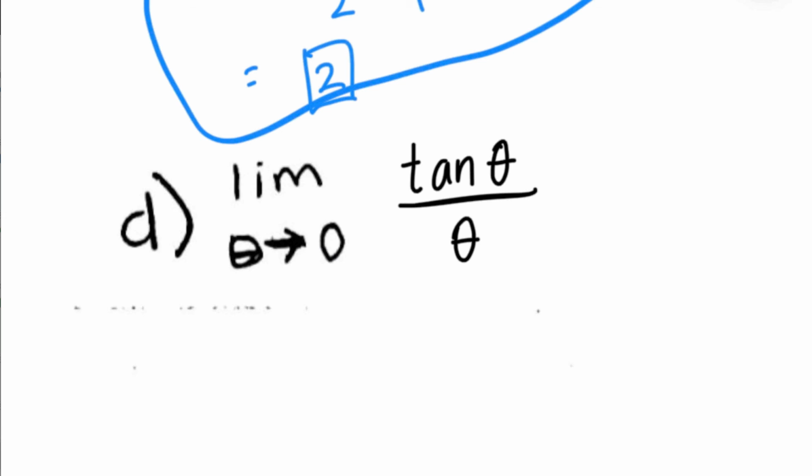And so this is the problem from the warm-up where we know that we get an indeterminate form here. And so when we get an indeterminate form with trig functions, that means we need to manipulate it to make it look like one of our special trig limits. Our special trig limits are only in terms of sine and cosine, so I'm going to start by rewriting this function in terms of sine and cosine.